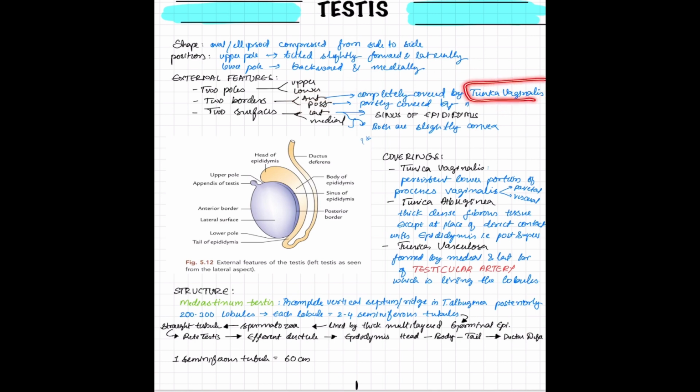Now a new term has come: what is the tunica vaginalis? For this we will go here. The tunica vaginalis is the persisting lower portion of the processus vaginalis. The processus vaginalis is an embryological structure present in the pelvic region.